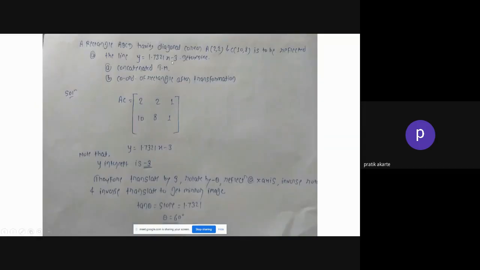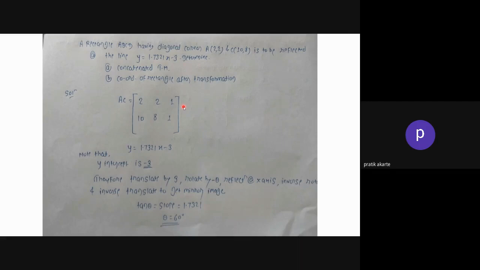A rectangle ABCD has diagonal corners A (2, 2) and C (10, 8). The rectangle is to be reflected about the line y = 1.7321x minus 3. You have to determine the concatenated transformation matrix and the coordinates of the rectangle after transformation.